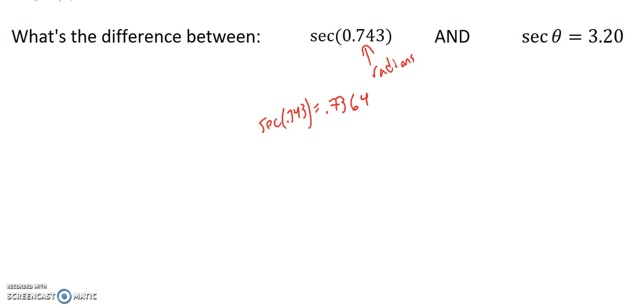I know that is the cosine. I know that the secant is 1 over that cosine. It is the reciprocal of cosine. So my secant is 1 over 0.7364.